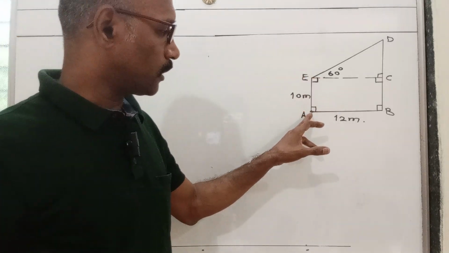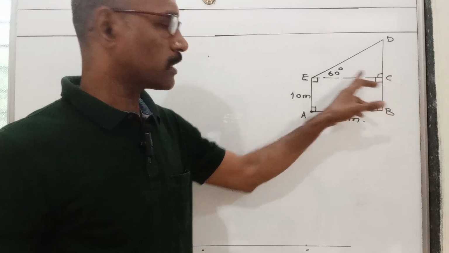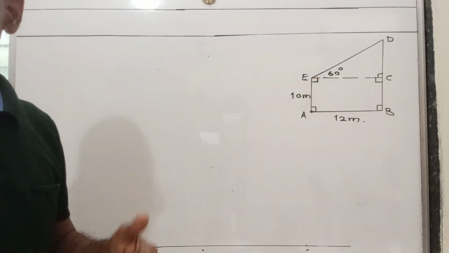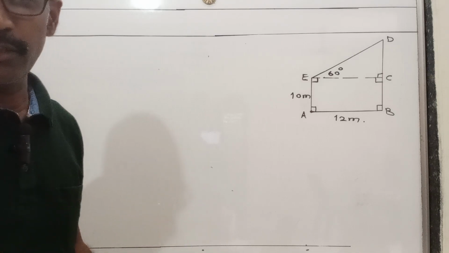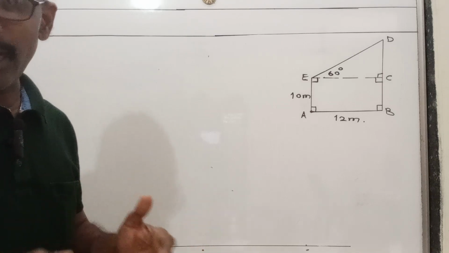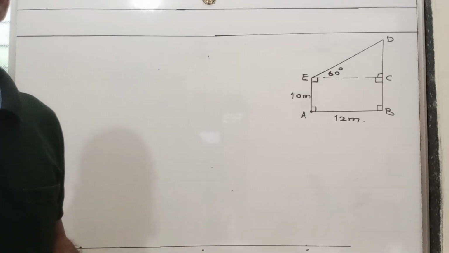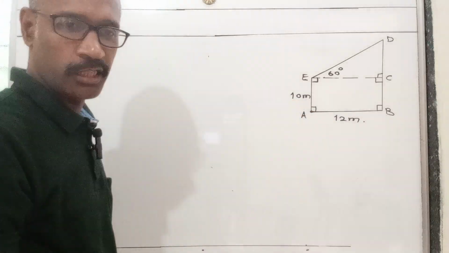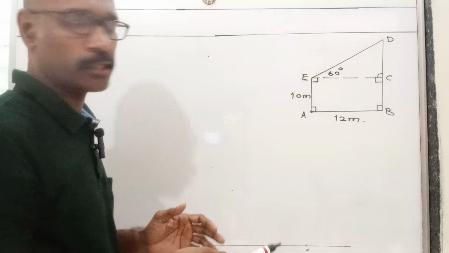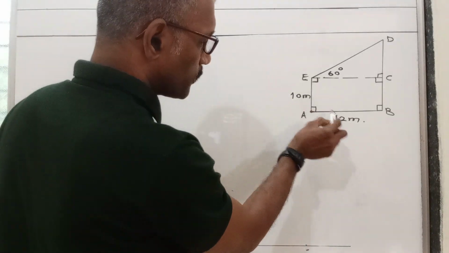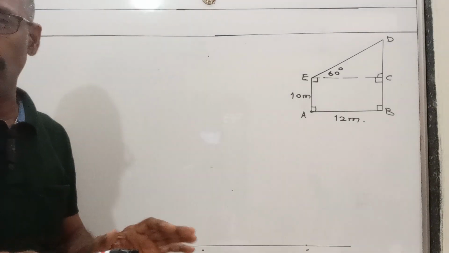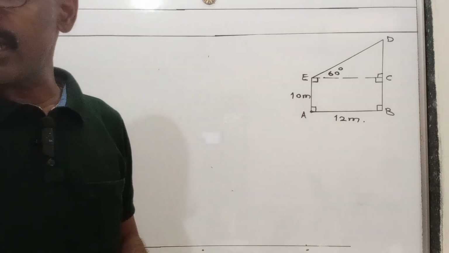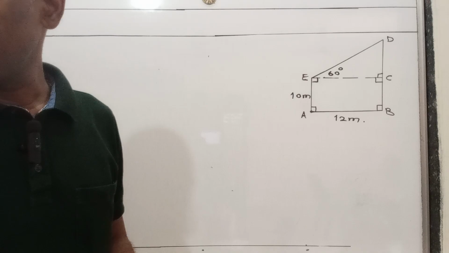Therefore, quadrilateral ABCD is a right angled quadrilateral. This is a new name, right angled quadrilateral. Now, in this right angled quadrilateral, adjacent sides are not congruent. See here, 10 and 12, adjacent sides are not congruent.